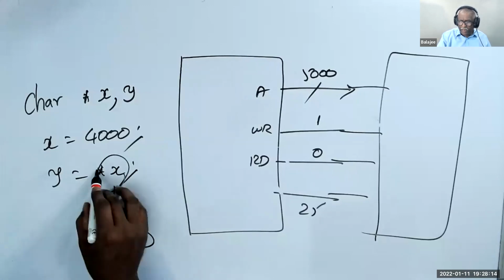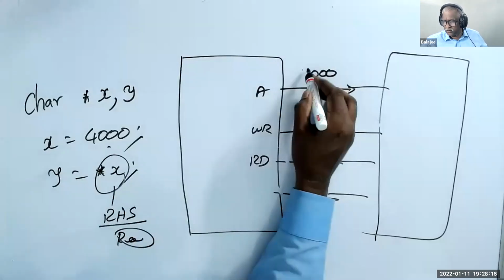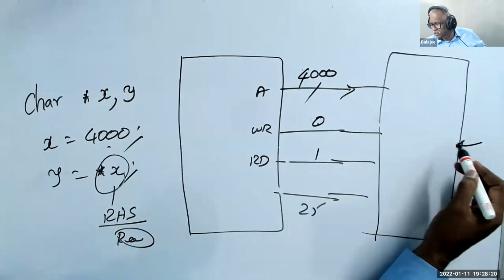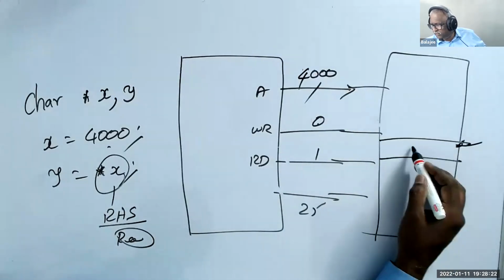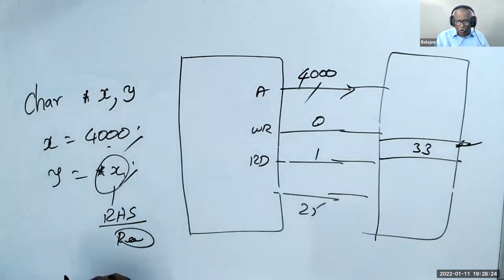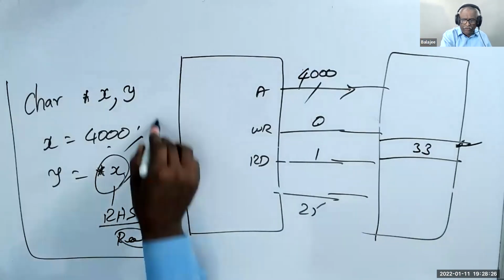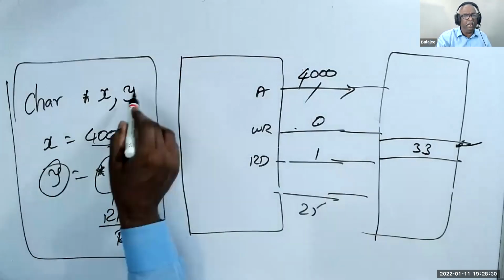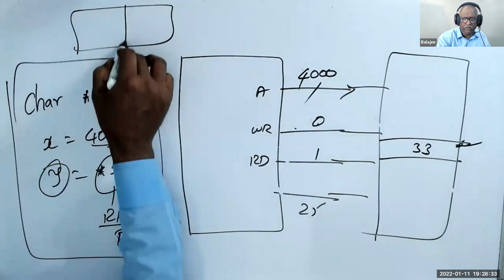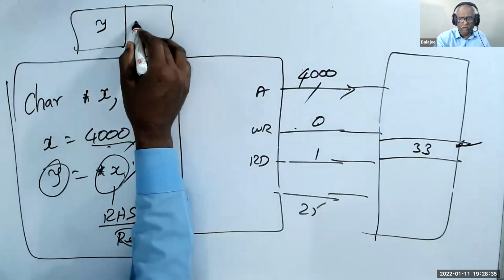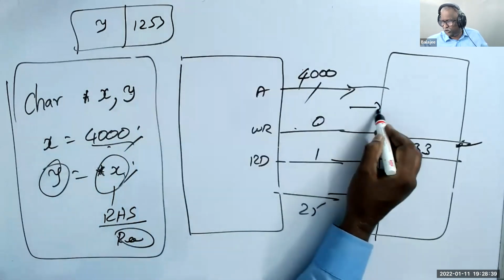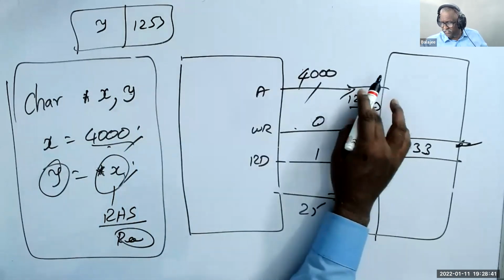That means I'm going to read from 4,000. At 4,000, let us assume that you have some value of 33. Now this program will read 33 from 4,000, and y, the compiler could have allocated some address, say 1253. So at location 1253, you are writing 33.